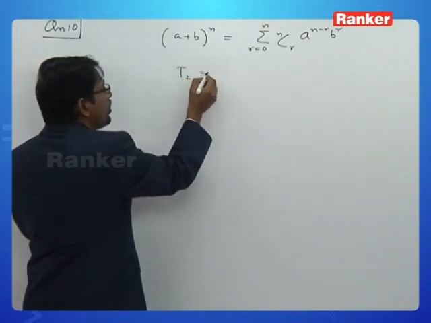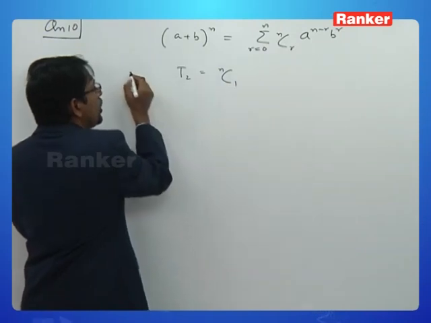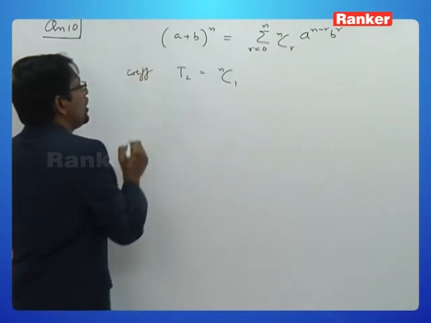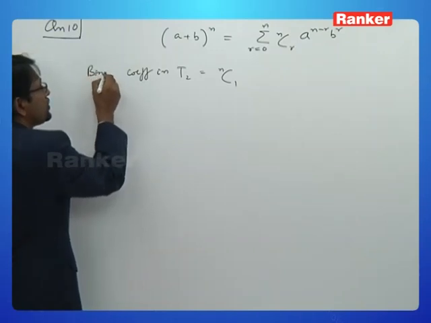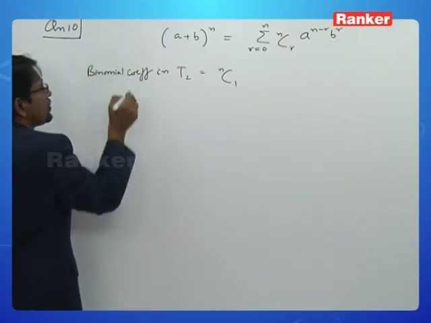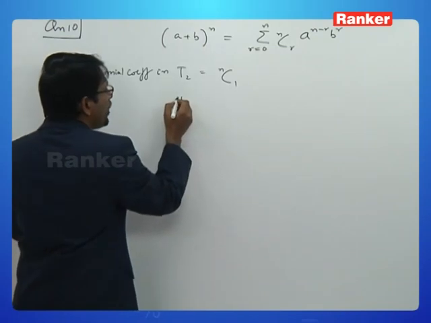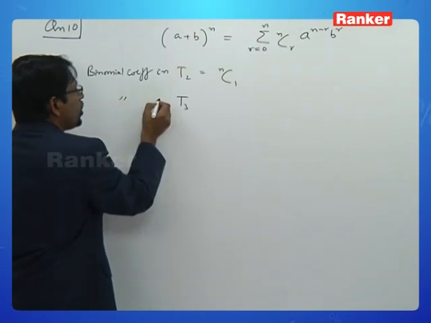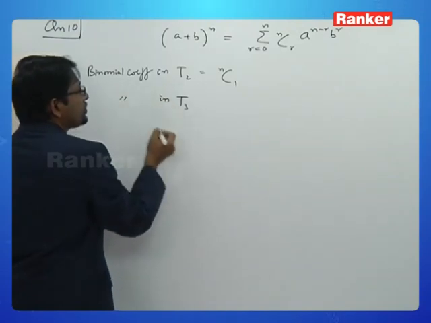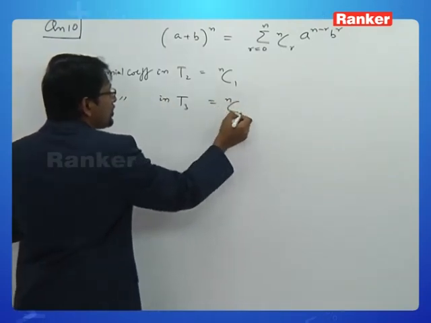T2 will have the binomial coefficient nC1. That is the binomial coefficient in T2, and the binomial coefficient in T3. What is the binomial coefficient in T3? That is nC2.